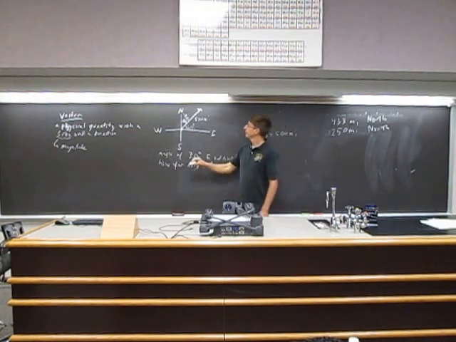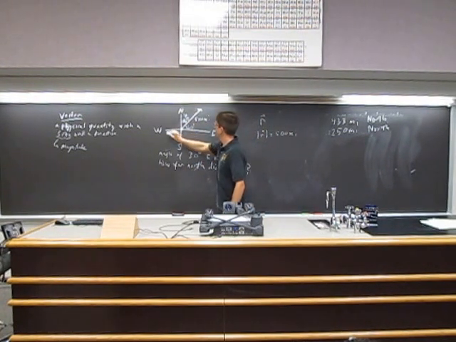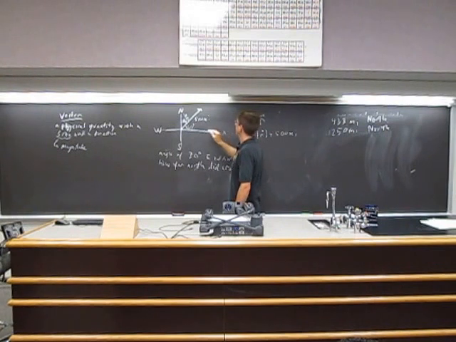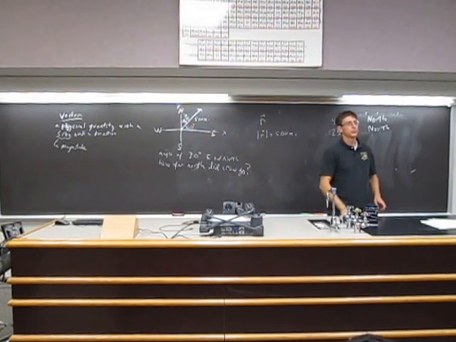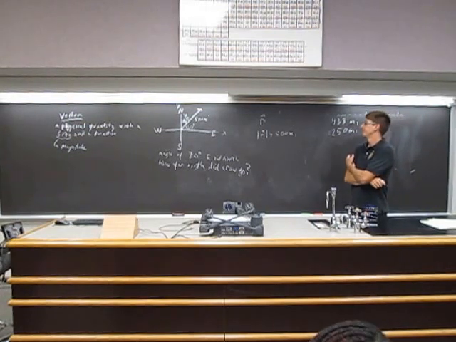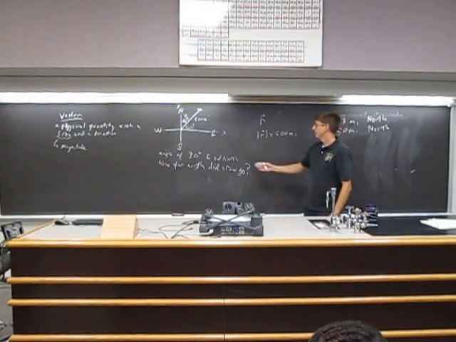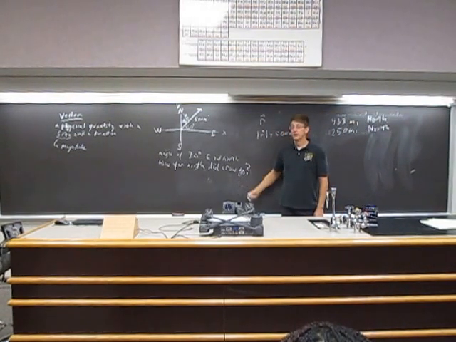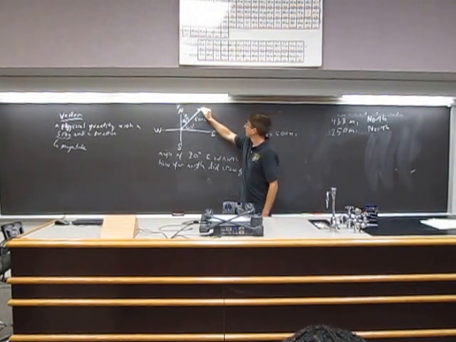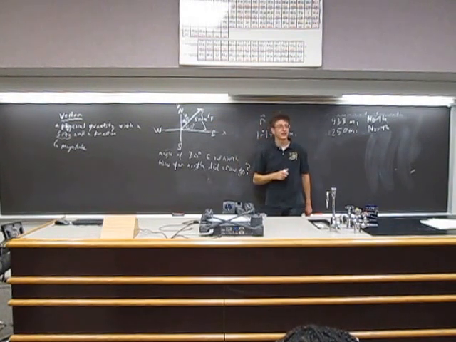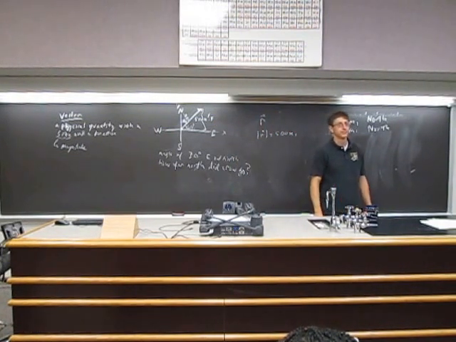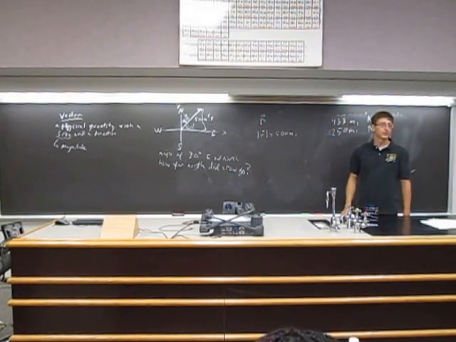Now I'm going to introduce my usual coordinate system. X, Y, so Y points in the north direction, X points in the east direction. I see how far north did the Crow go. What I'm really interested in is the Y component, R sub Y, of that position vector. Make sense?